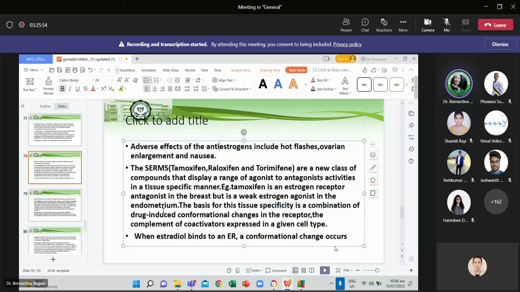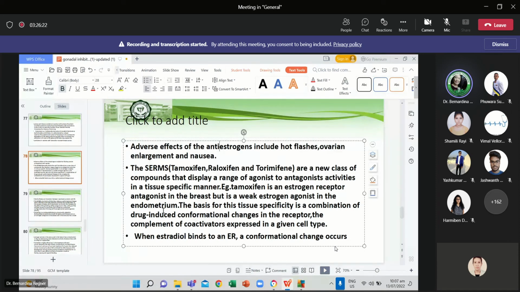Okay, for the SERMs, you have tamoxifen, raloxifene, and toremifene. These are compounds that display a range of agonist to antagonist activities in a tissue-specific manner. So tamoxifen is an estrogen receptor antagonist in the breast, but is a weak estrogen agonist in the endometrium.